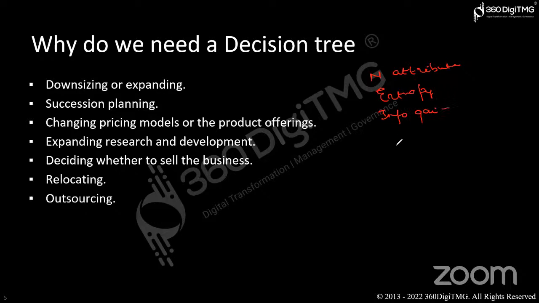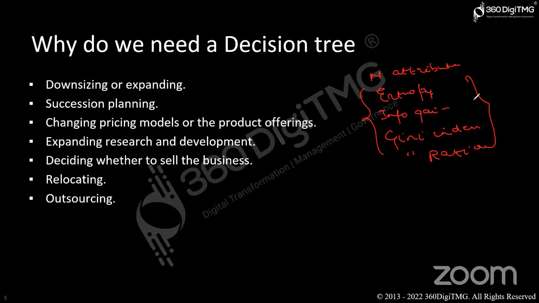We use something called the Gini index, Gini ratio. These are the most used techniques that we utilize while dealing with the complexity of selecting the root node, you can say.